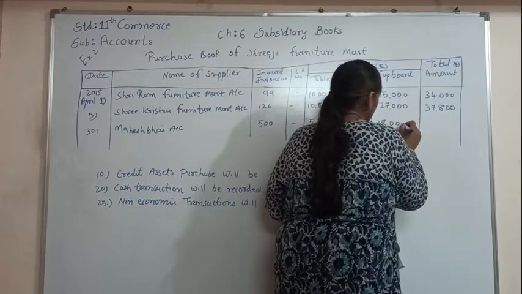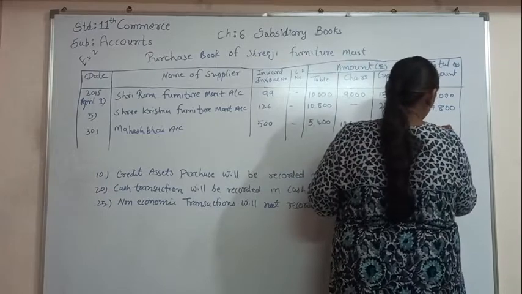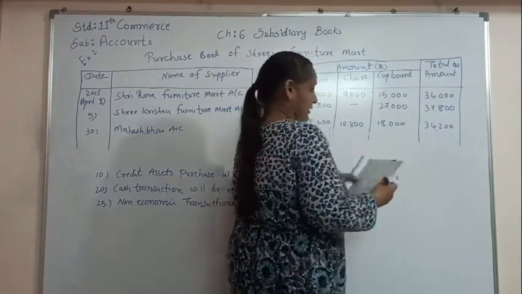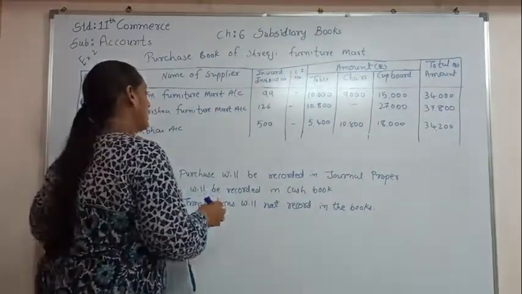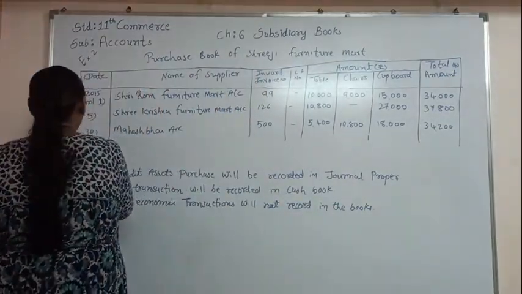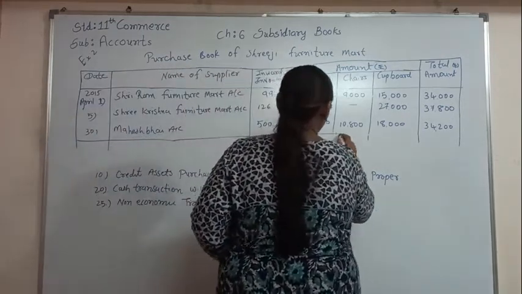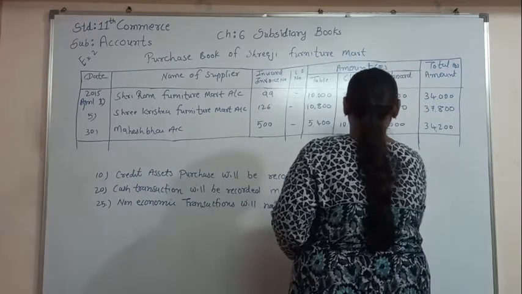So this is the total, and now let's see the total of the bill. That will be 34,200. So here we are finished with the sum, and let's make the total. So here we are going to write down the total.